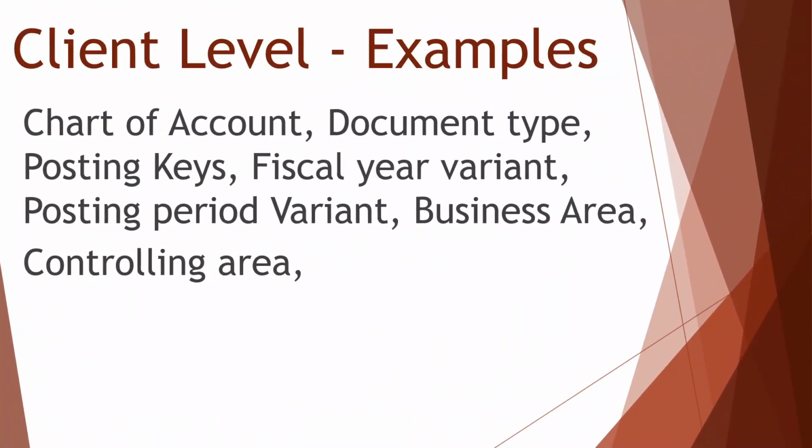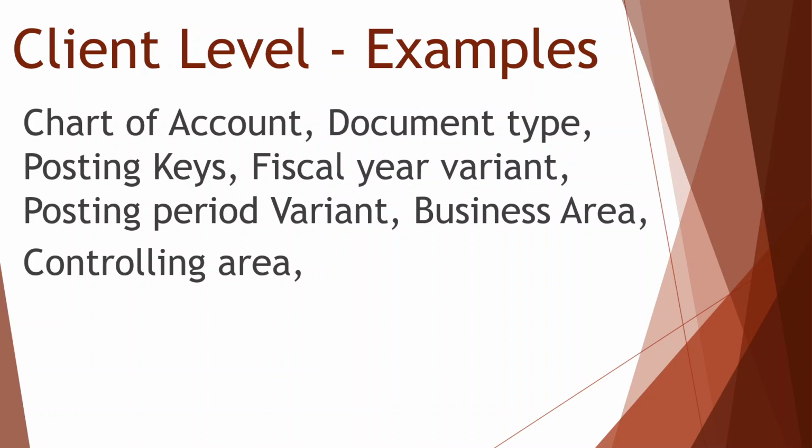Now, I have talked of three levels so far. The first level is called the client level. For example, chart of accounts. This is always defined at the client level.